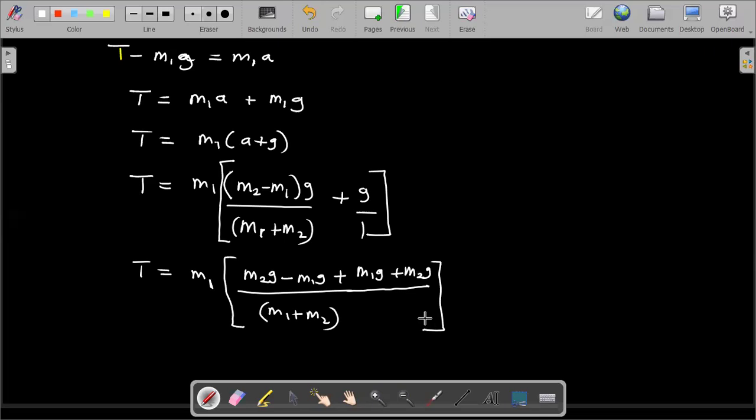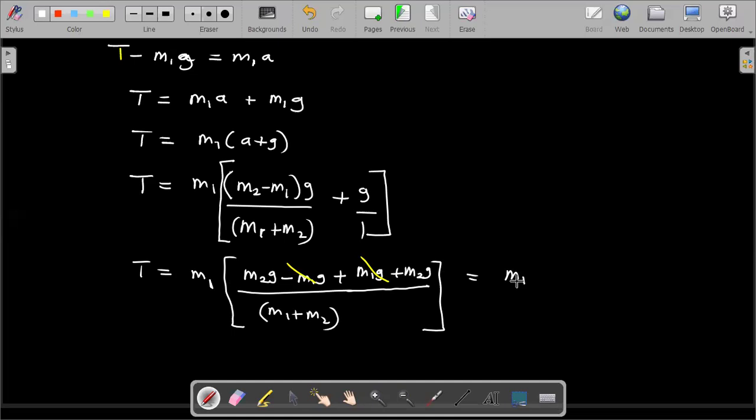Looking closely, we have minus M1G plus M1G, so this cancels out and we get 0 there, such that what we are left with is M1, and we have M2 here.